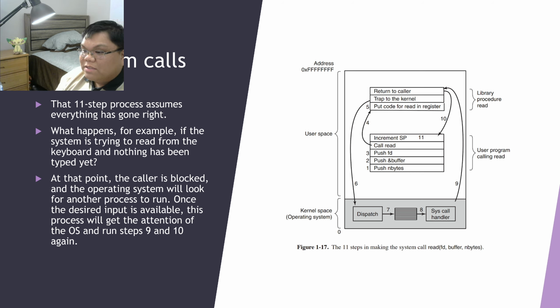The operating system is just going to try to run something else. At that point, the caller is blocked, and the OS will look for some other process to run. And once the desired input is available, the process will get the attention of the operating system, and then we're just going to run steps 9 and 10 again.